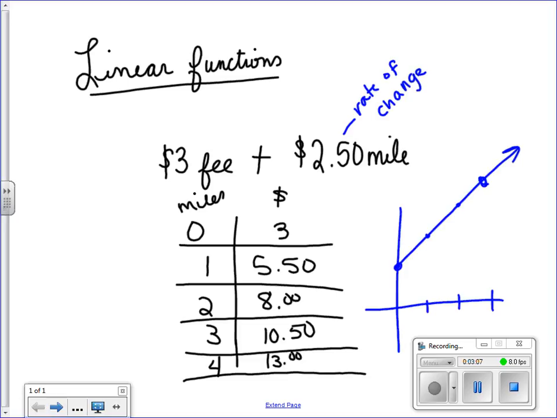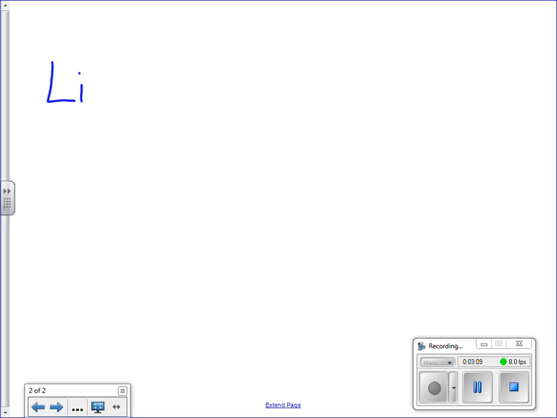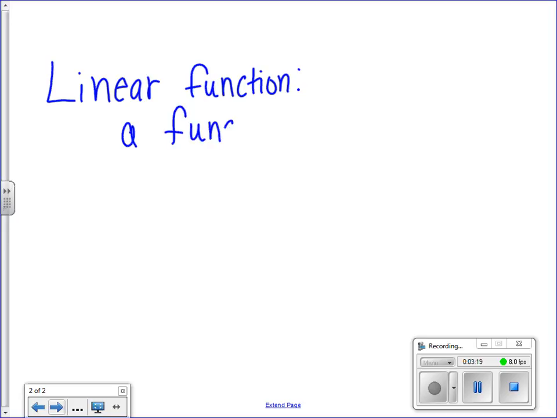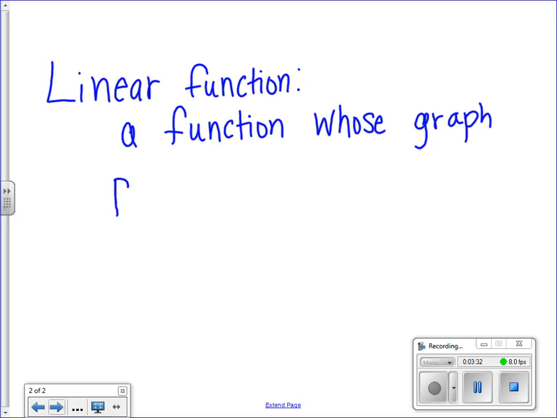Let's try to look at it. And that's whose, not who is. Whose graph produces a line.